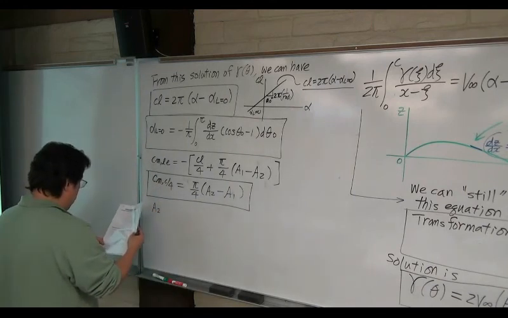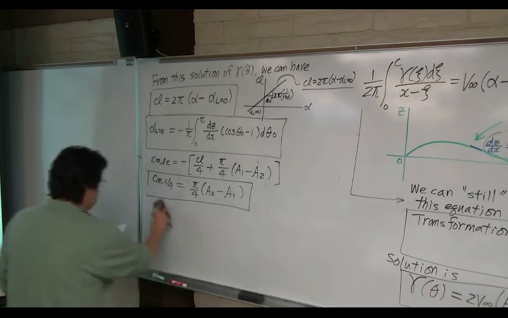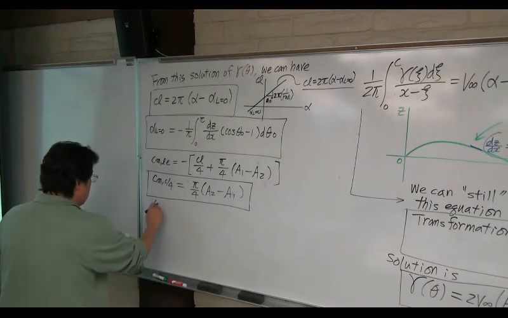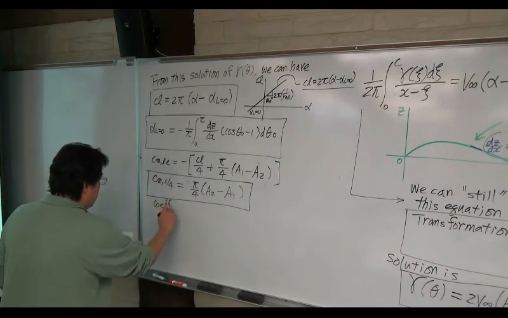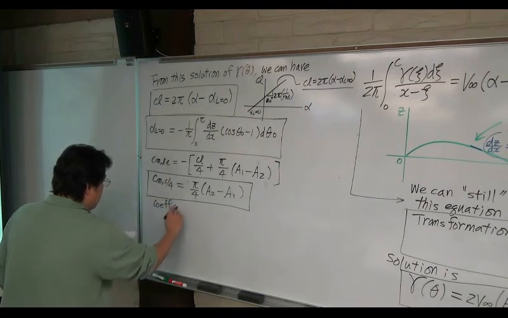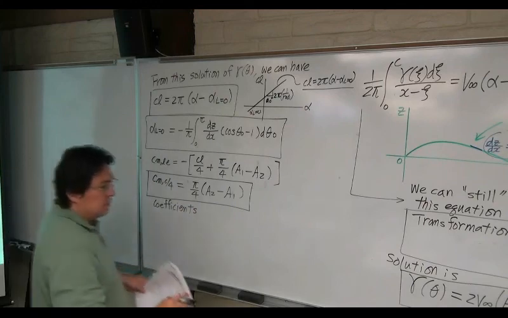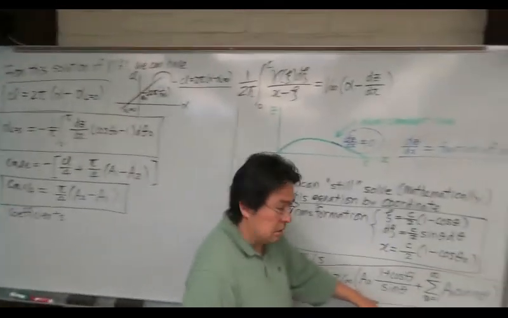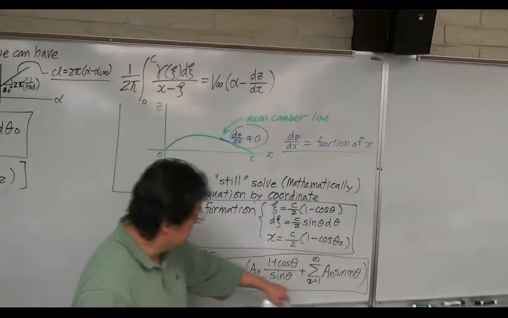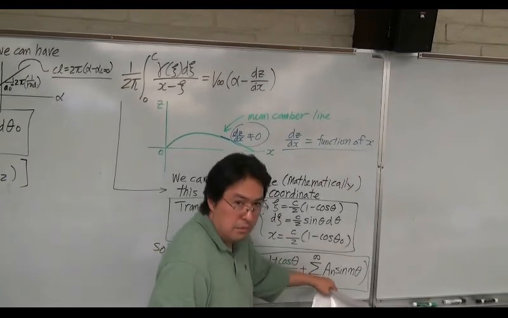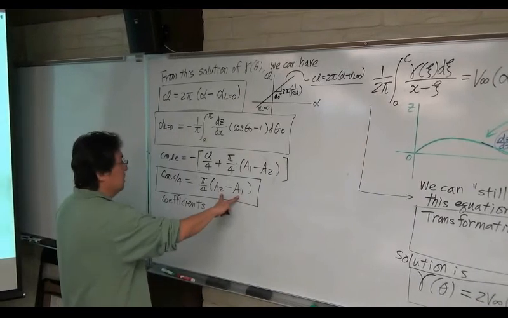A2 and A1 are coefficients. Coefficients are this. Let's take a look. Coefficient A0, coefficient A1, A2, A3, A4, A5. But what you need is A1, A2 only.